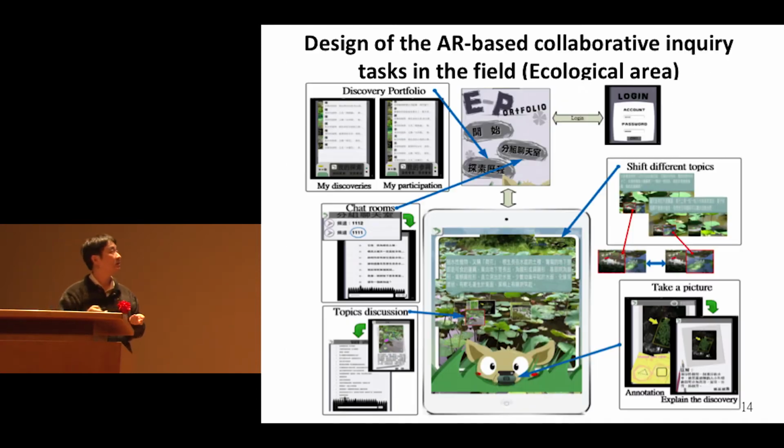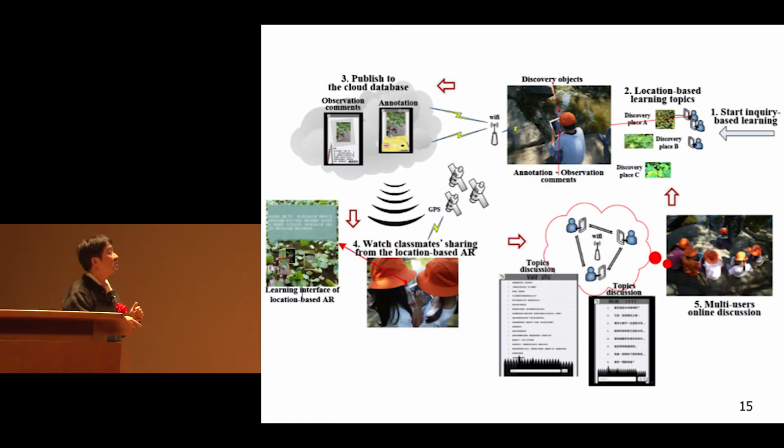So in this inquiry-based learning activity, the students use a tablet computer with an AR app in Couch Garden. First, the students are guided by the learning system to make observations using the AR on the tablet computers, and they need to answer some questions and collect some data.